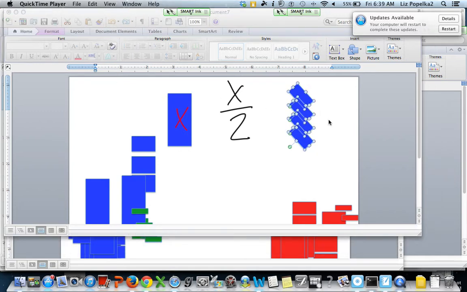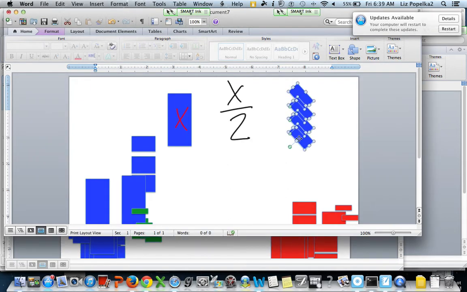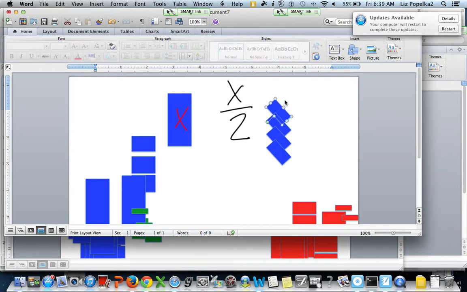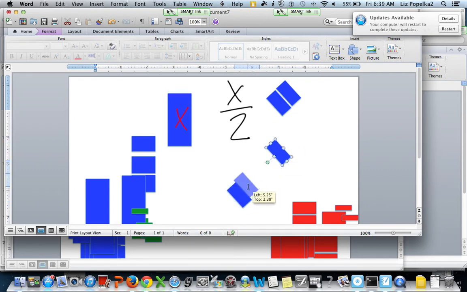Okay, so I'm going to cut it apart. So now here's one. There's half of an x. I'm going to take the other half, put it over here to the side for right now. So I took this x and I cut it in half. So x divided by 2 would be a whole x divided into 2 pieces, and that would be half of it. So a model of x divided by 2 would be half of an x.